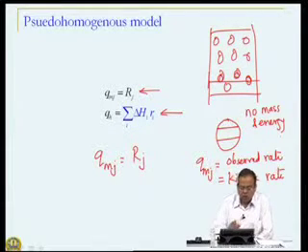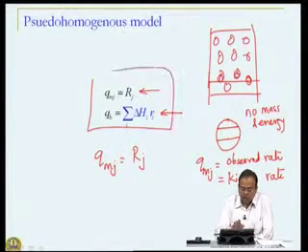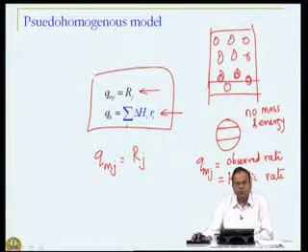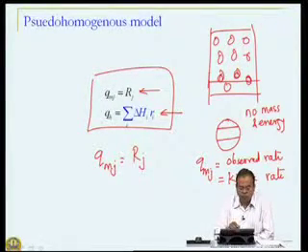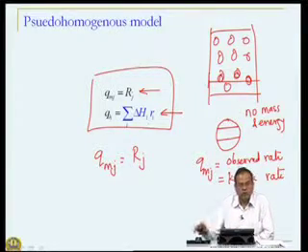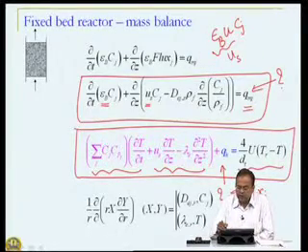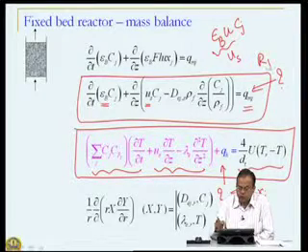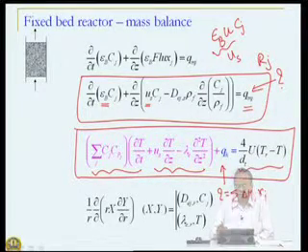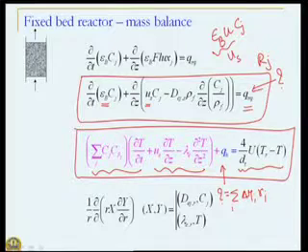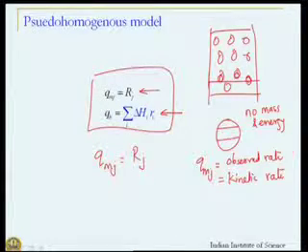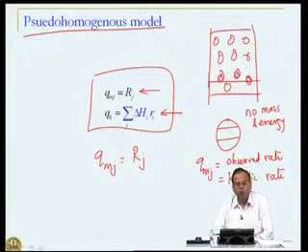As a result, with this kind of substitution, that is QMJ is Rj and QH is the summation of delta Hi Ri, our balances will be exactly identical to our mass and energy balances for a homogeneous system. Hence, this modeling approach is referred to as the pseudo-homogeneous model.